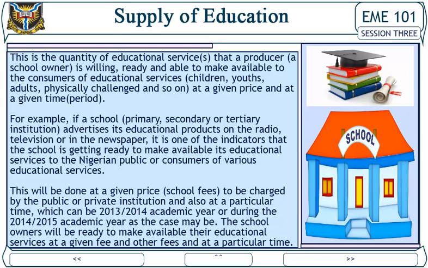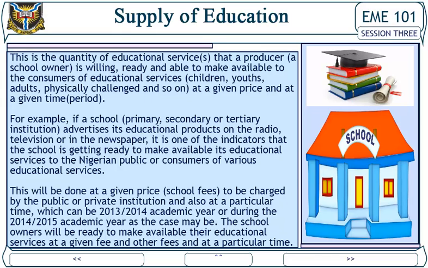For example, if a school, primary, secondary, or tertiary institution advertises its educational products on the radio, television, or in the newspaper, it is one of the indicators that the school is getting ready to make available its educational services to the Nigerian public or consumers of various educational services.